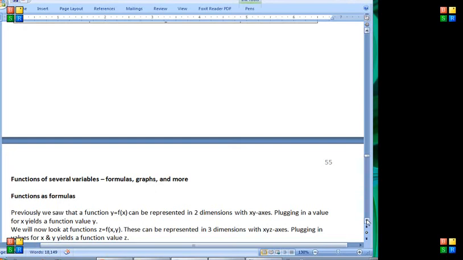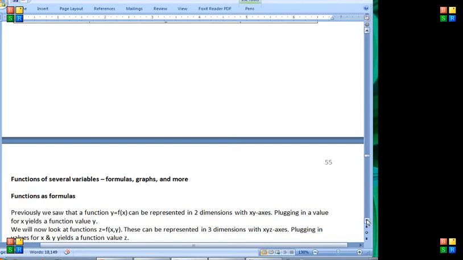In this case, as I alluded to previously, we're going to talk about z as a function of x and y. It's going to be useful to always think of z as being on the vertical axis and z being the function value. And that's the realm that we're going to enter now.